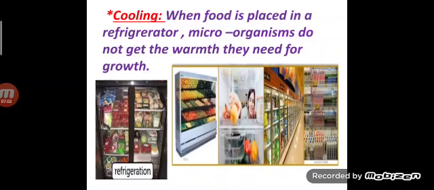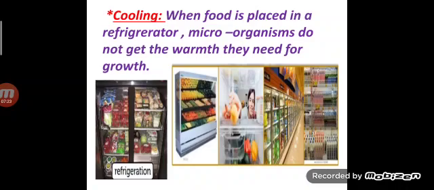The temperature of the fridge is very low, and that's why food in the refrigerator remains fresh for a longer time.